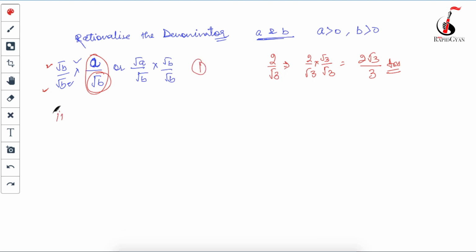The second case is that in your denominator, forget about the numerator. The numerator could be anything, either a rational number or an irrational number. That doesn't matter.